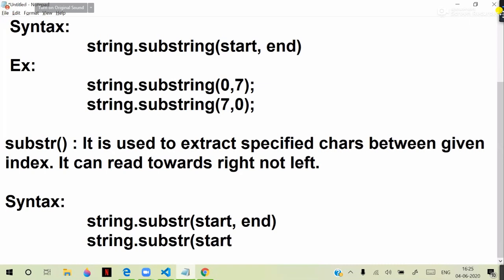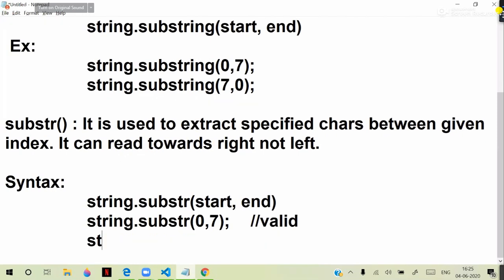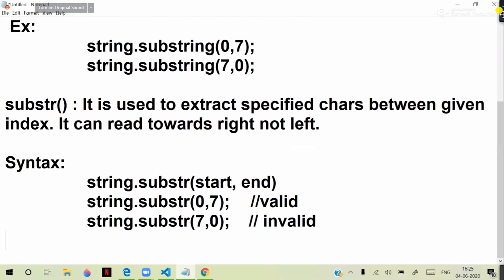We have start, that is 0 to 7, so this is valid, and string and substr 7 to 0, this is invalid. It is unable to do that. So it cannot go backward.